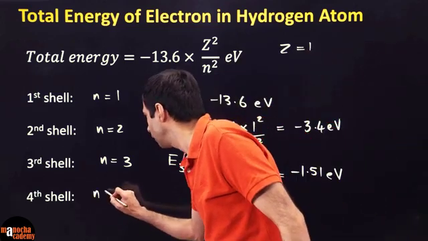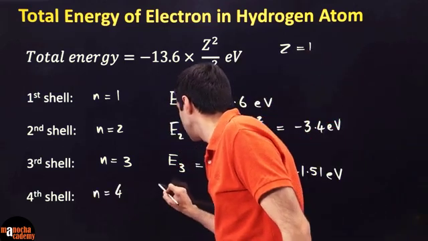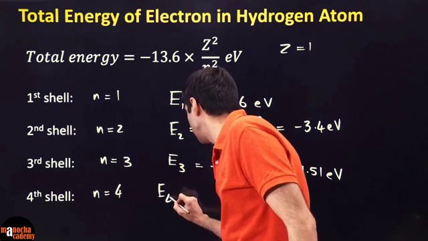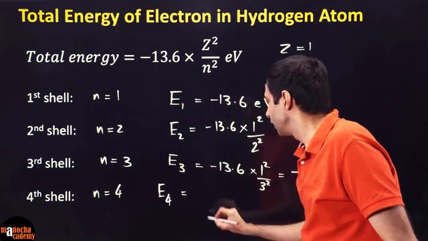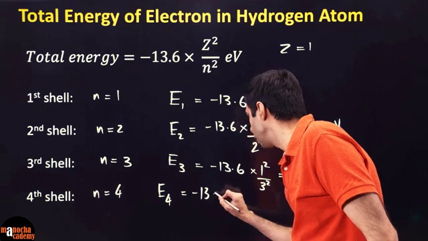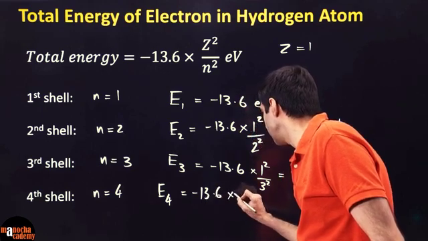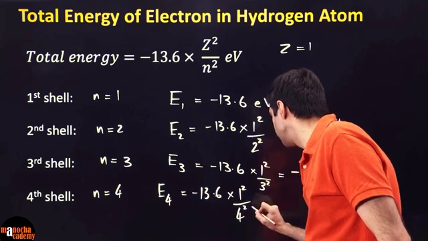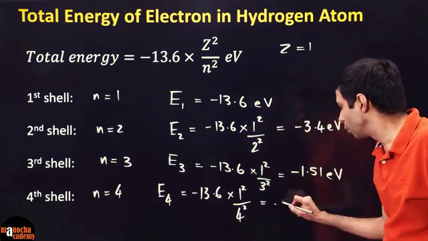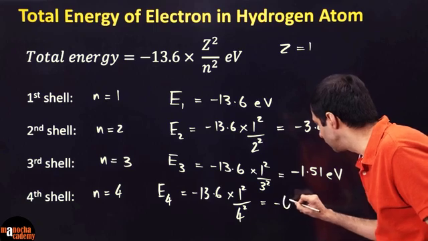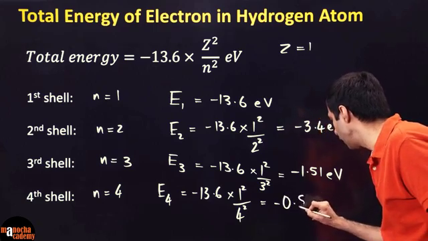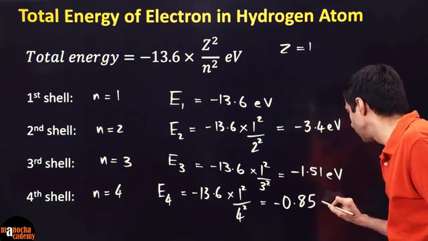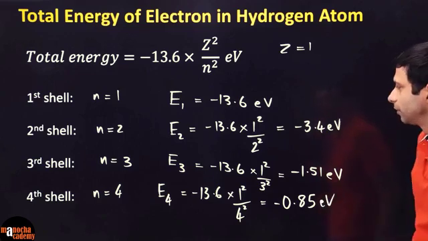In the fourth shell, we have N equal to 4. So simply we'll get E4, the energy in the fourth shell is going to be minus 13.6 times 1 square divided by 4 square. So if you calculate this, you're going to get minus 0.85 electron volts.